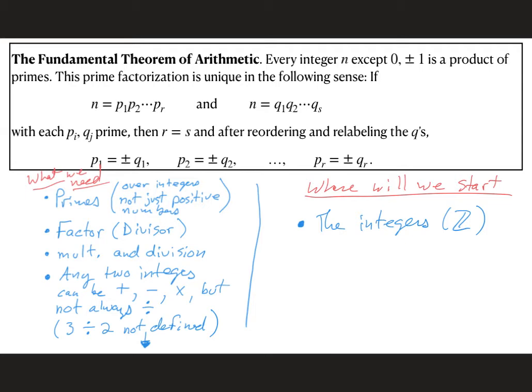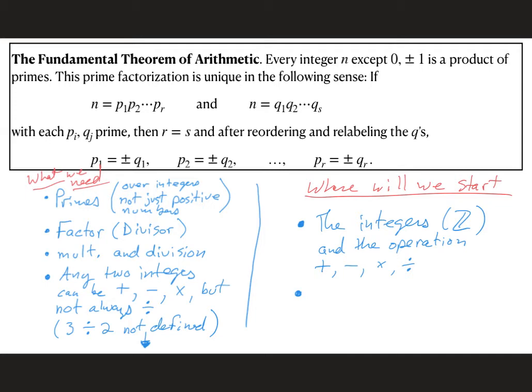So we have the integers and the operations: addition, subtraction, multiplication, and division, keeping in mind that division of two integers is not always possible. All right, so just our basic facts about the integers and those operations.